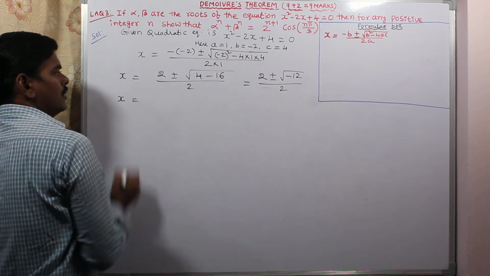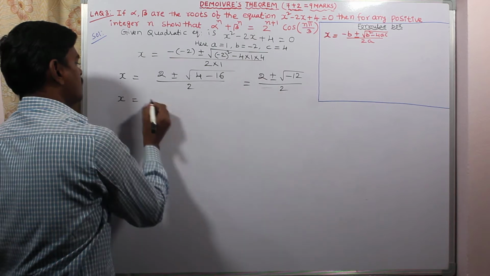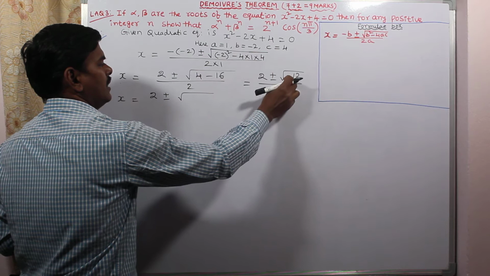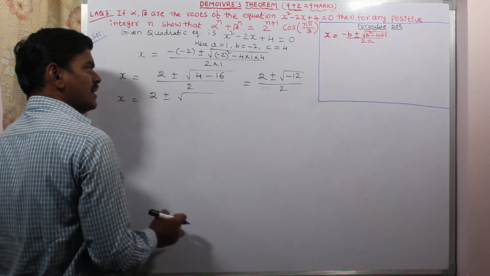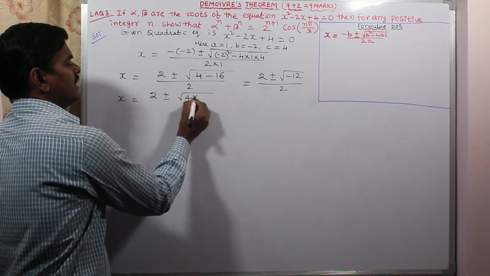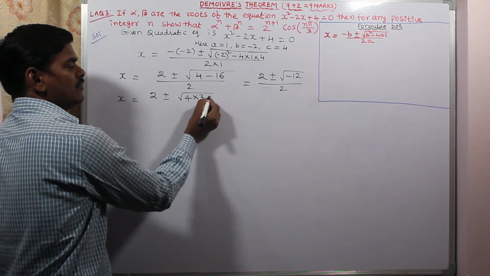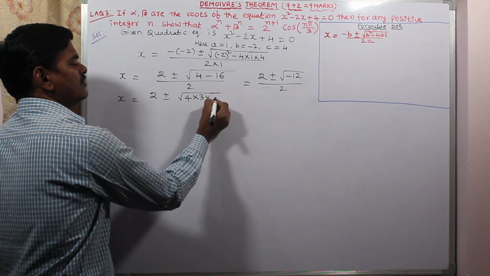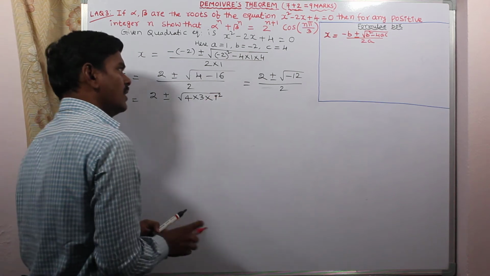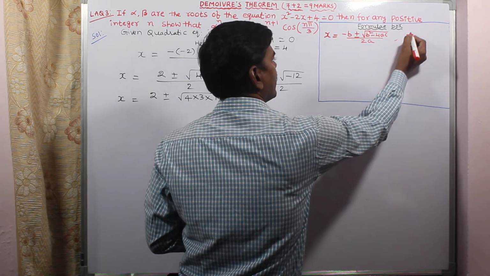Now simplification: 2 plus or minus root over, here minus 12 can be written as 12 into minus 1, and 12 can be written as 4 into 3. Minus 1 can be replaced with iota square, as you know already, iota square value is minus 1.